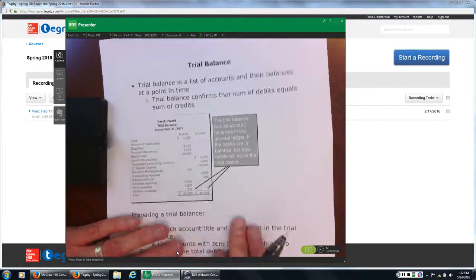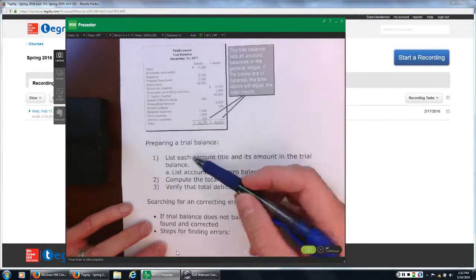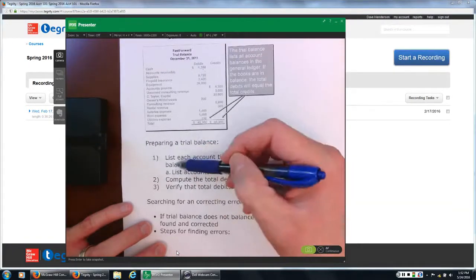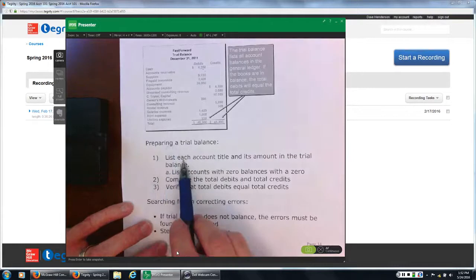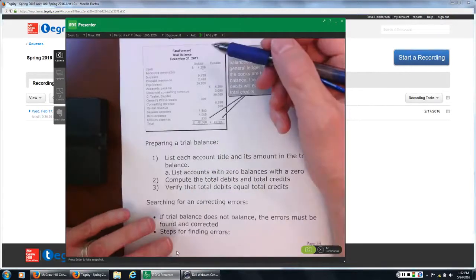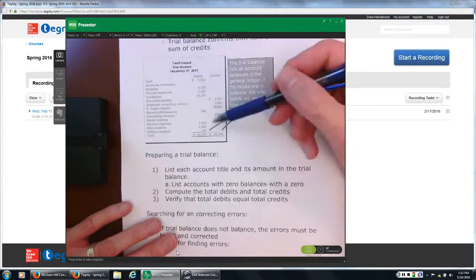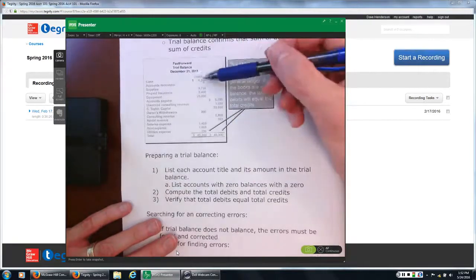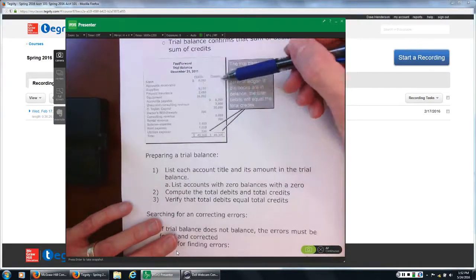Okay? So basically everything that I was just talking about here is explained here in a little bit more detail. Preparing the trial balance: list each account title and its amount in the trial balance. Compute the total debits and the total credits and make sure that they equal. If they don't equal, the first thing that I would do is make sure, did I add up all these right? Then I would go through and make sure, did I put one of these in the wrong column?